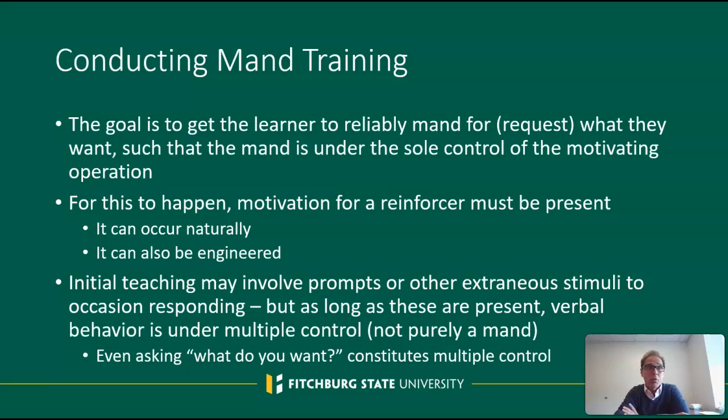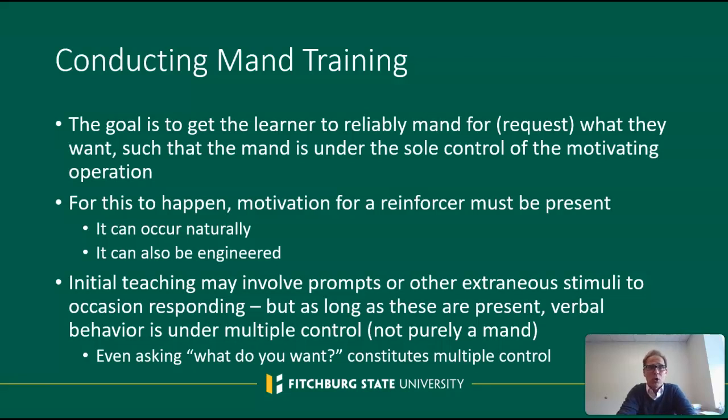So for it to happen, the motivation for a reinforcer has to be present, which can occur naturally, or it can also be engineered. So, for example, if we're looking to get someone to mand for water or to mand for a drink, we can wait for that motivation to occur naturally by just waiting until it's been a while since the person's had a drink.